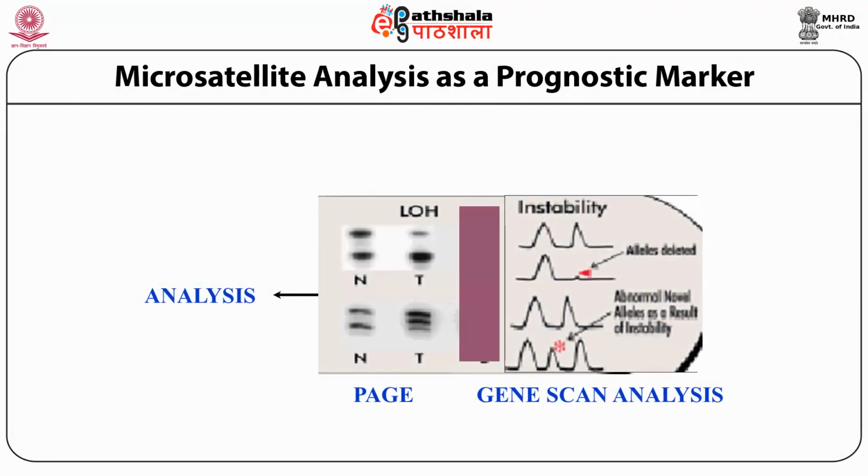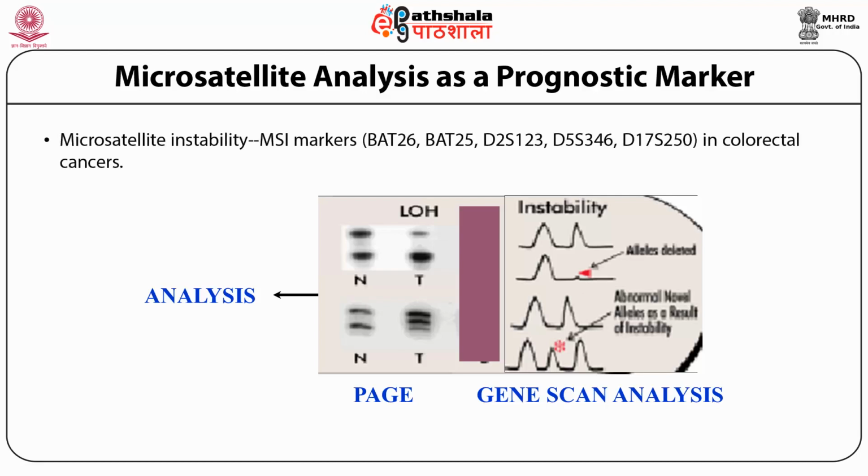This slide shows how microsatellite analysis is useful in cancer prognosis. A panel of microsatellite instability markers is used in cancer diagnosis, especially in the colorectal cancers, where one uses a combination of at least 5 MSI markers, which include mononucleotide repeats like BAT25 and BAT26, and 3 dinucleotide repeats called the D2S, D5S, and the D17S.